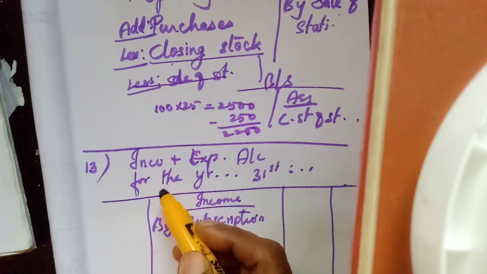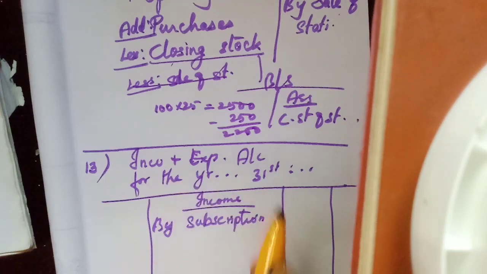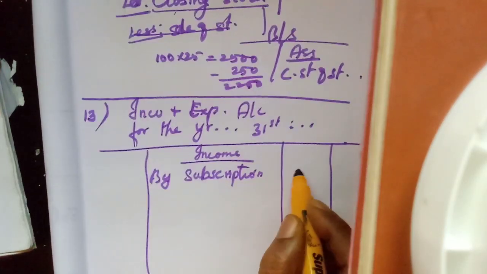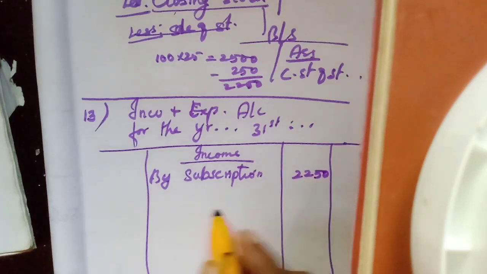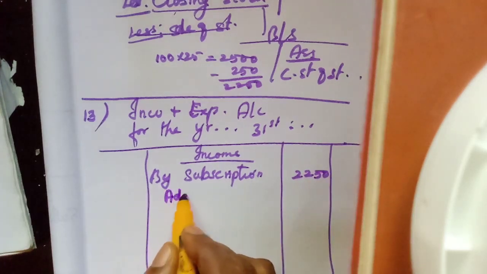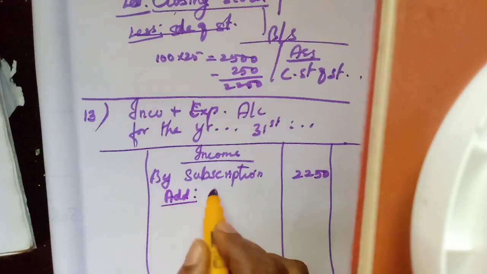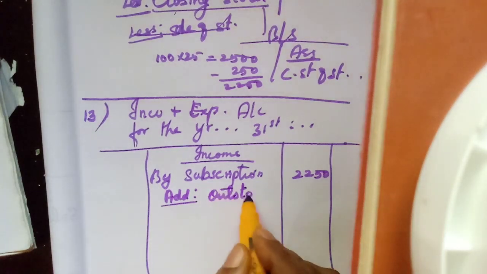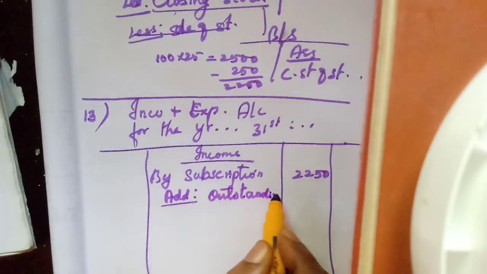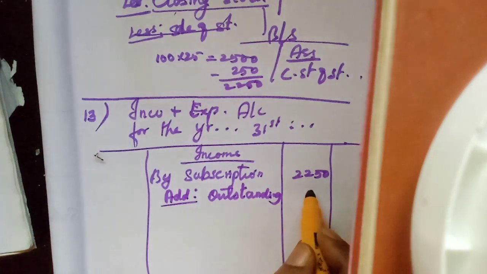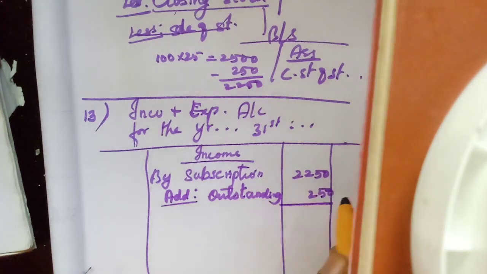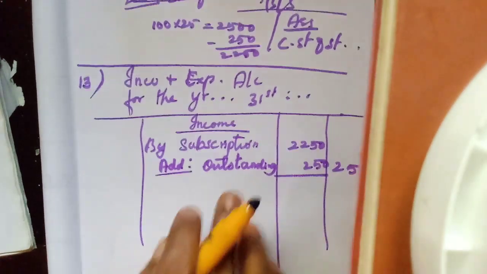We have received. So subscription 2,250. Now we should add outstanding subscription. Outstanding subscription how much? 10 members, 250. So totally 2,500. Like this only we have to write.